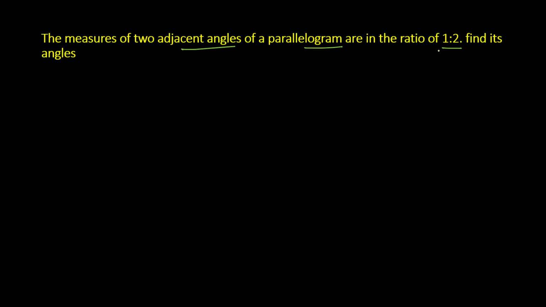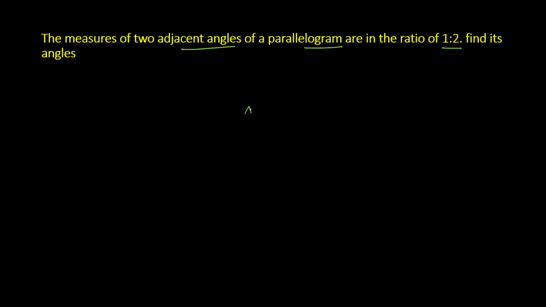We know that in parallelogram adjacent angles are supplementary, opposite angles are equal. Parallelogram lo adjacent angles are supplementary and opposite angles are equal. So here adjacent angles ratio is given as 1:2.